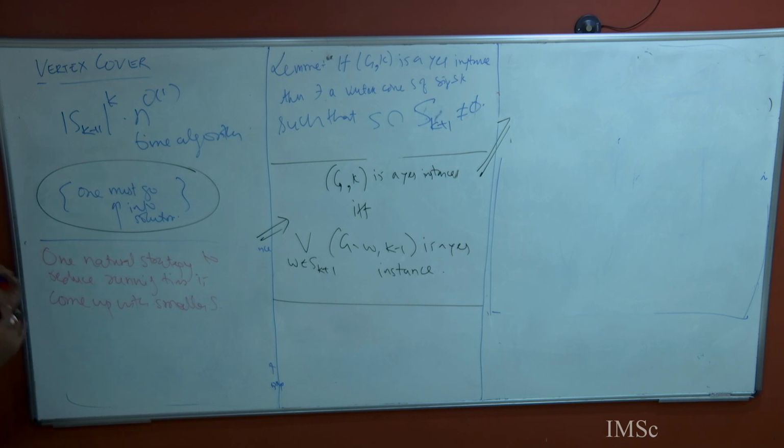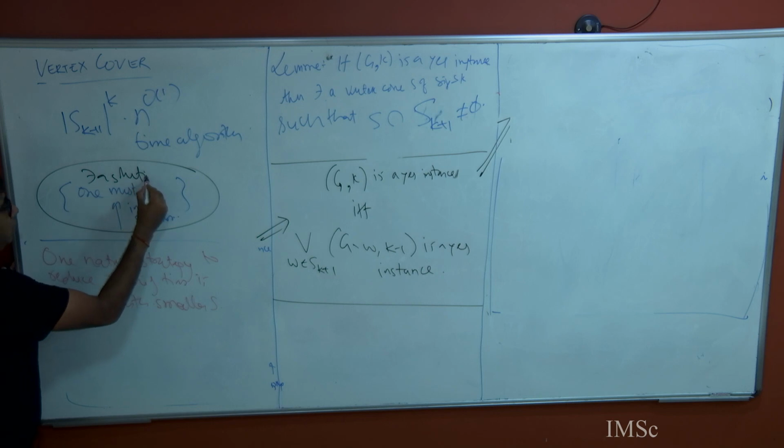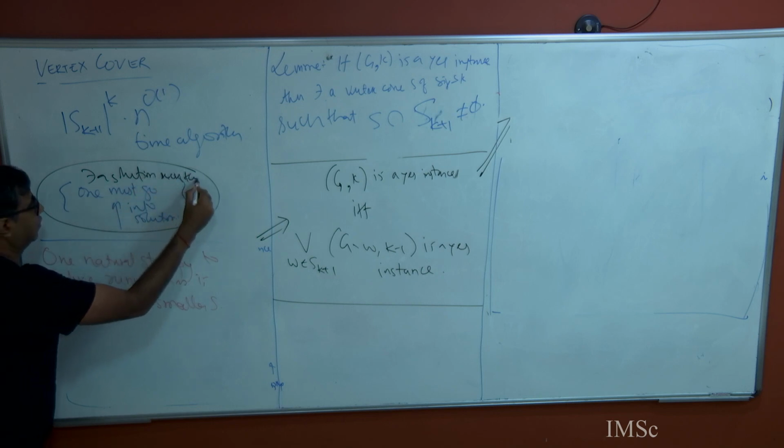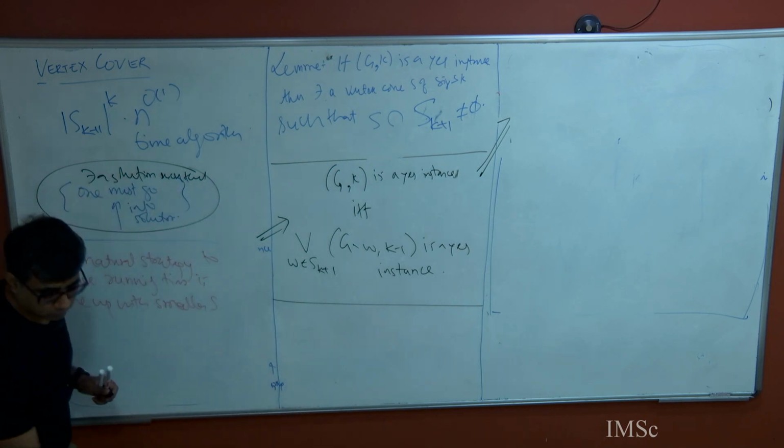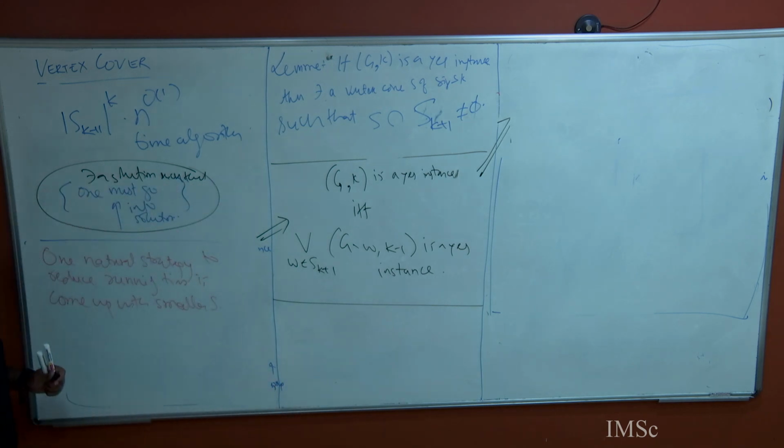There exists a solution such that one must go into it. I have a question: is it right to say that a smaller S_{k+1} improves the running time?